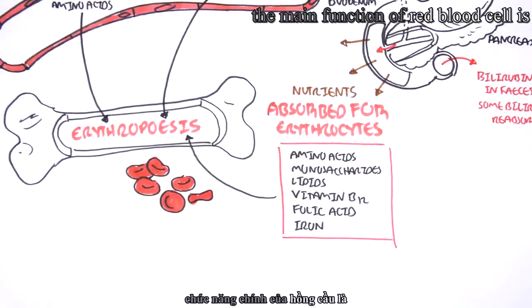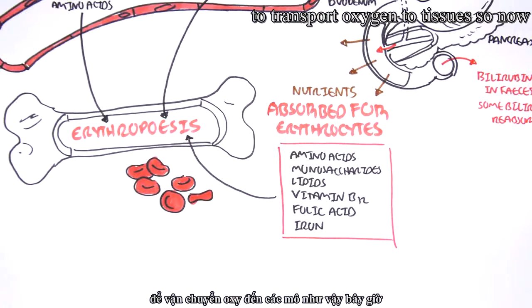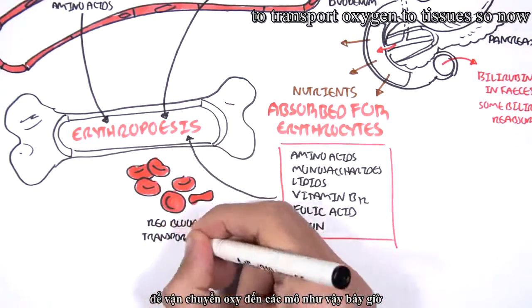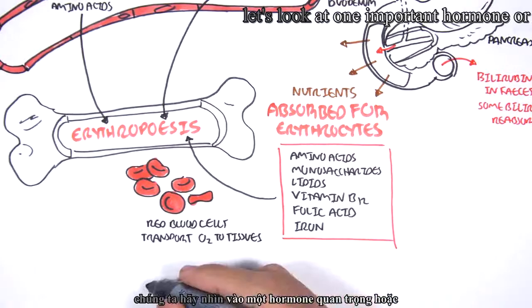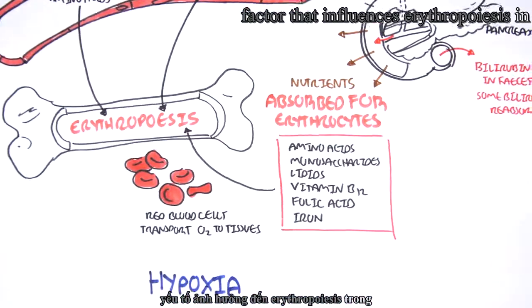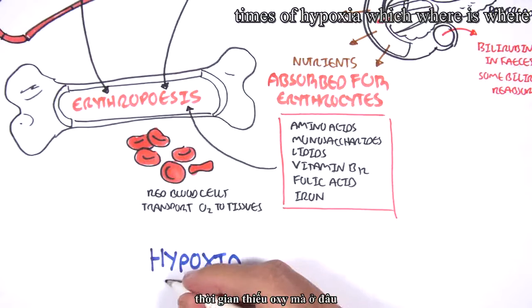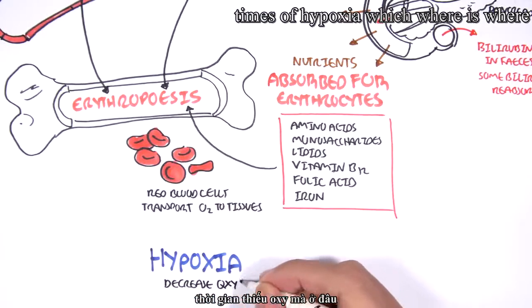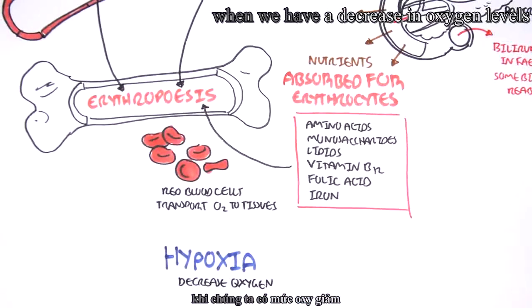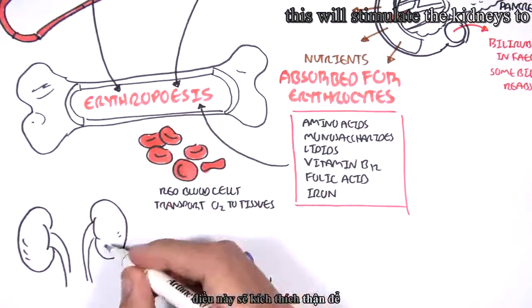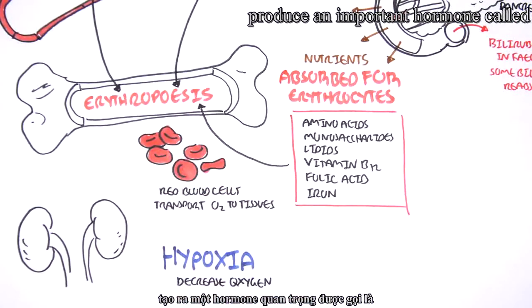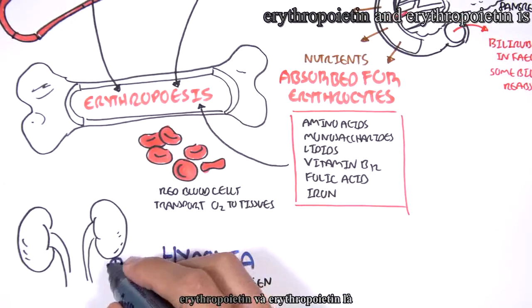And as I mentioned, the main function of red blood cells is to transport oxygen to tissues. So now let's look at one important hormone or factor that influences erythropoiesis. In times of hypoxia, when we have a decrease in oxygen levels, this will stimulate the kidneys to produce an important hormone called erythropoietin.